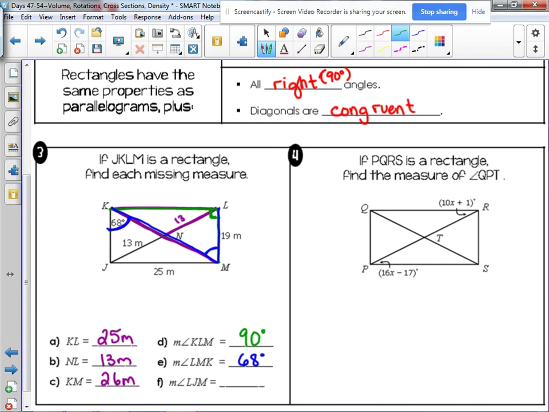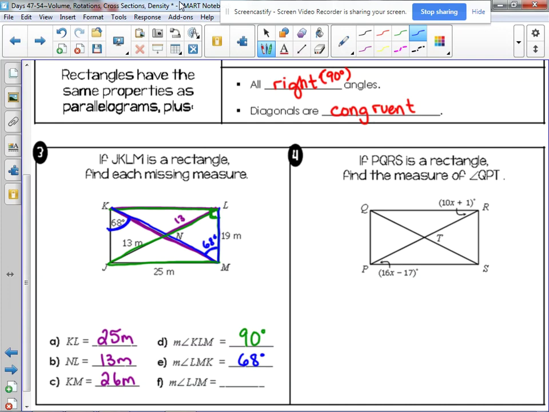LJM. All right, so let's see here. I got 68 right here, and I got 90. 90 minus 68 will do it.